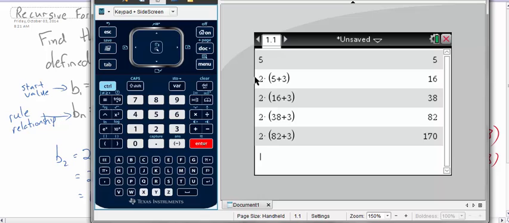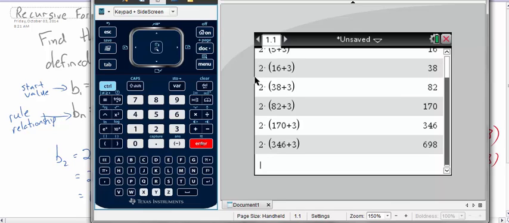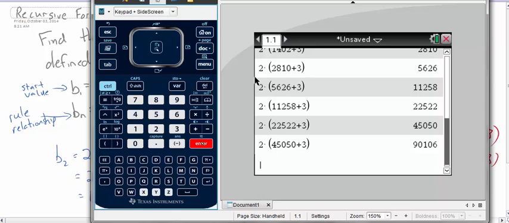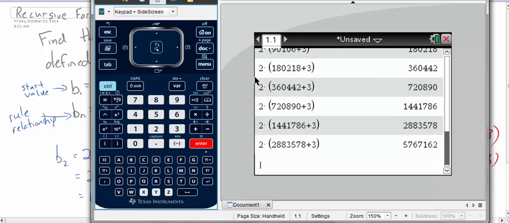Those are the ones I found by hand. Now I got to get up to 20, so I'm just going to have to keep pushing enter. That's 5, 6, 7, 8, 9, 10, 11, 12, 13, 14, 15, 16, 17, 18, 19, 20. There's the 20th term. Now the drawback is if you make a mistake counting, you have to press clear and start over. And, well, that's just a dreadful pain, but it's the life we live in with a recursive rule.